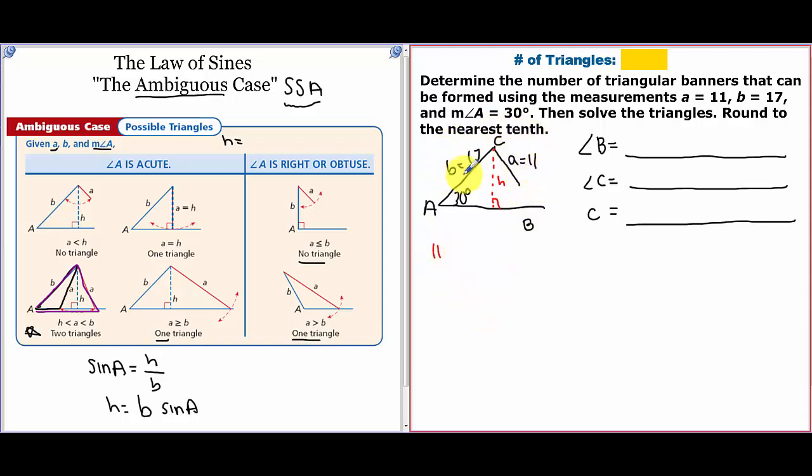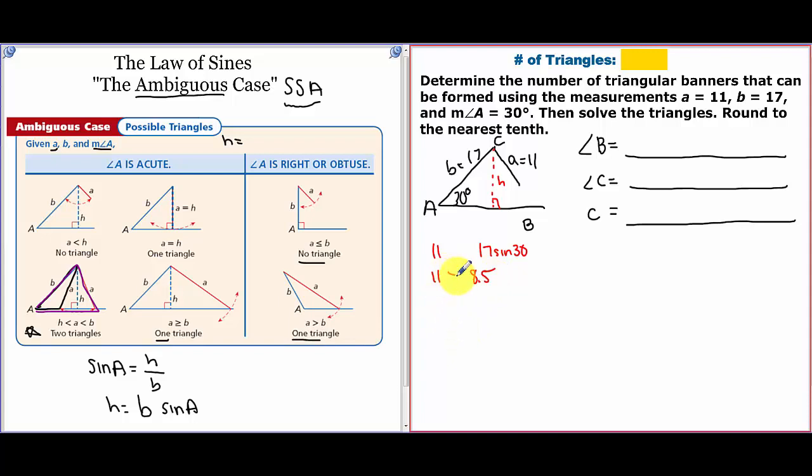And side A is less than B, so I know for sure it's not one triangle. So I need to look and see how that compares to 17 times the sine of 30. So I do that in my calculator, and I get 17 times the sine of 30 to be 8.5.